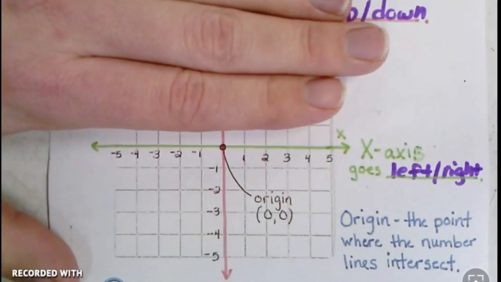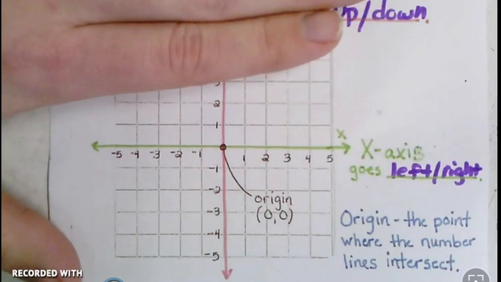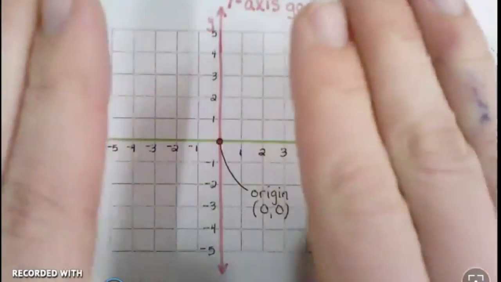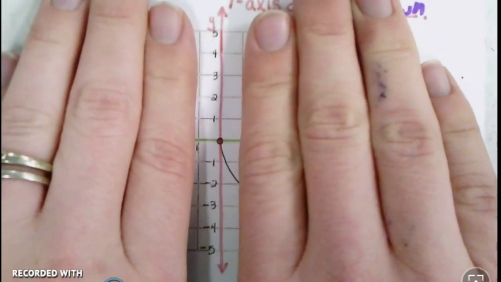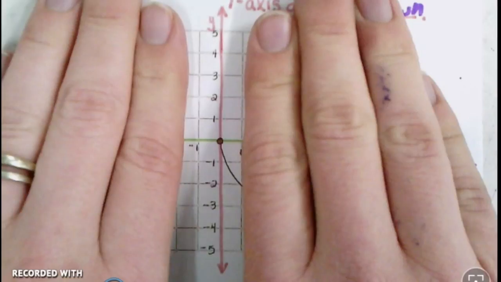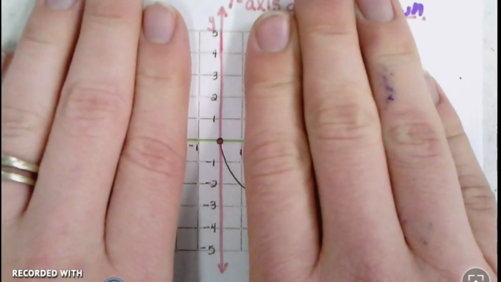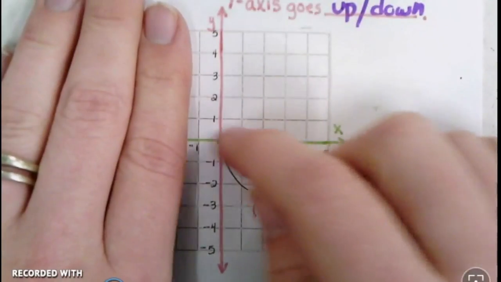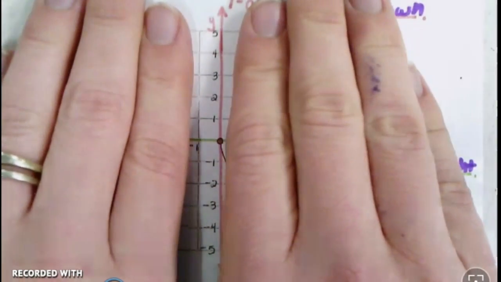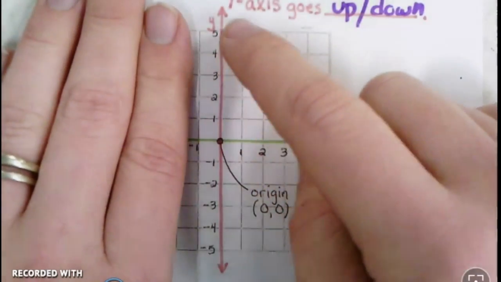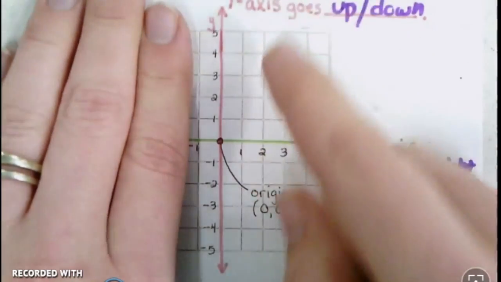But there's another number line going on at the same time, and that one is our y-axis. If I just look at the red one, I can see that I have another number line going up and down. This is just like a thermometer. The middle here is still the point 0, and the positive numbers go up, 1, 2, 3, 4, 5, and it'll climb forever up.